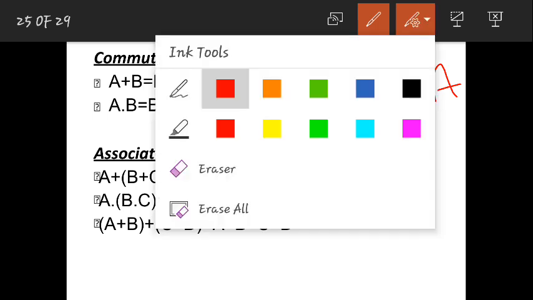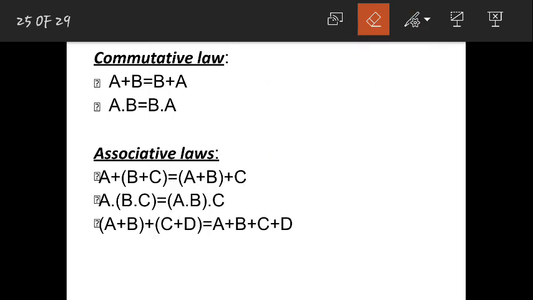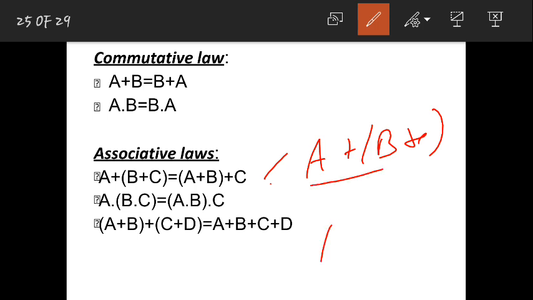So see this associative law. See, in this associative law, if we take A plus B plus C, you can also write that as, you can bring this together in a bracket, that means A plus B plus C. Okay, whenever you solve in this way, you will get a similar answer.